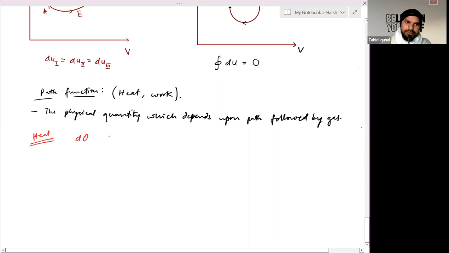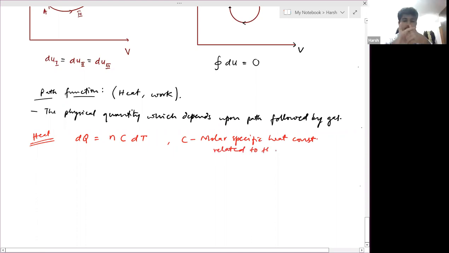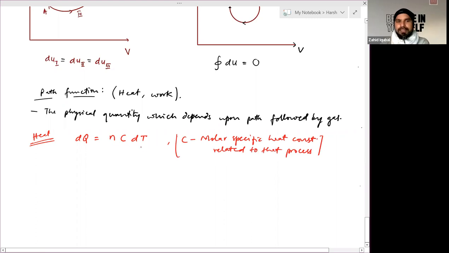Heat is equal to n times C times dT, where C is the molar specific heat constant related to that process, the process in which we are calculating. n is the number of moles and dT is the temperature difference.